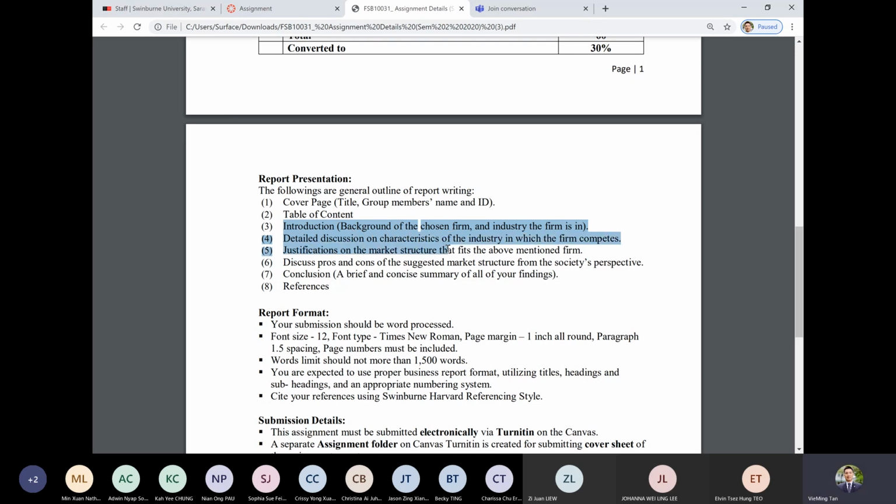This is your task C. Task D and E. So when you do the word count, it should only include sections 3, 4, 5, 6, 7. References should not be included in your word count. Table of contents also no. Cover page also no. Okay, only these sections will be included in your word count.